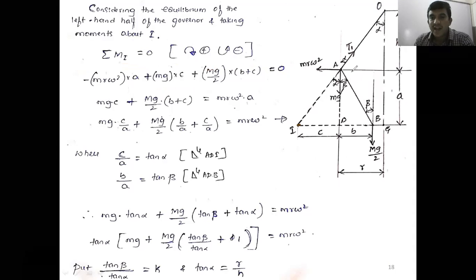So how many forces are acting here? One force is the centrifugal force generated from the governor ball. The second force is due to the weight of the governor ball, mg, acting at point A. And third, the sleeve is connected at point B. The total weight of the sleeve is Mg, and that is split into two portions.